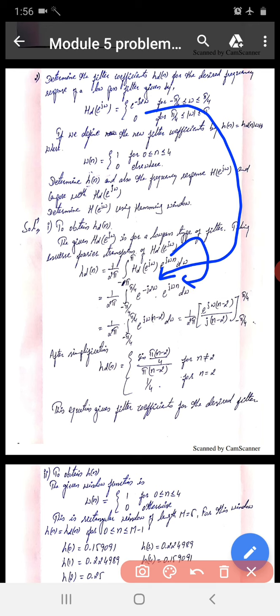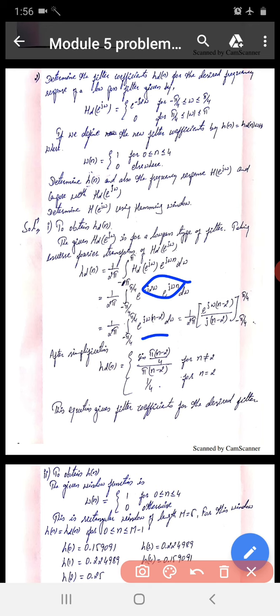Then if we solve this, everything remains the same. If we solve these two terms, I will be getting e power j omega into n minus 2. Mathematically it is simple, you can do this. Just analyze here.